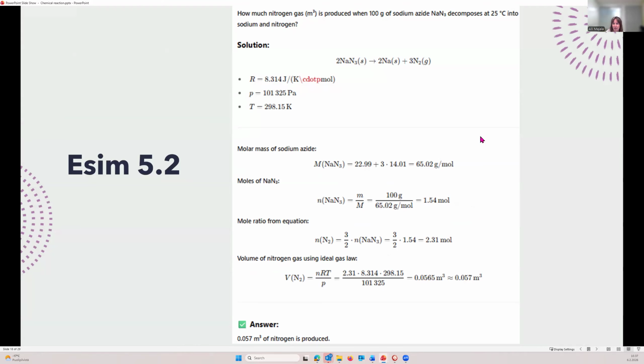Okay, and then the next example of the book.